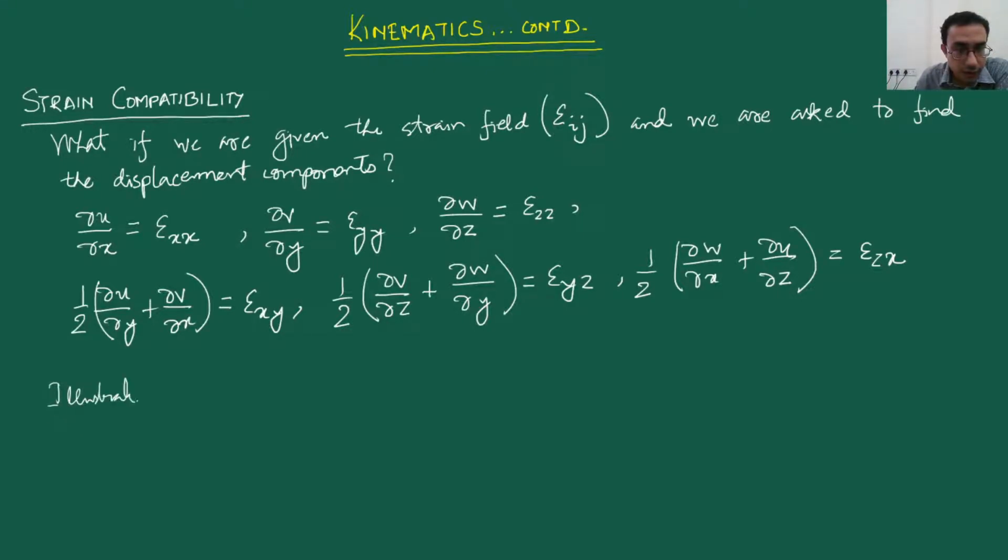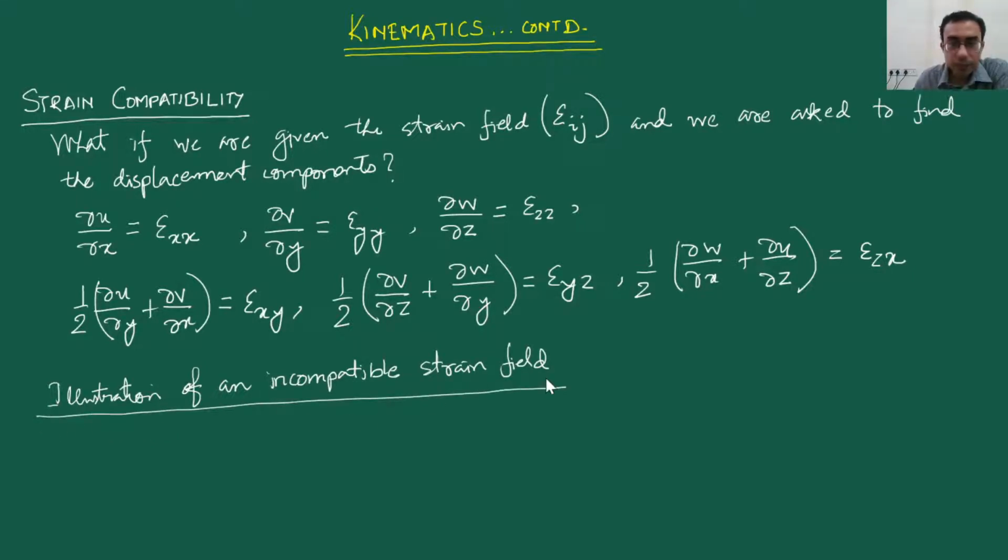Illustration of an incompatible strain field. I'm telling you that this is going to be incompatible. It's like telling you the result of a detective story before telling you the story.